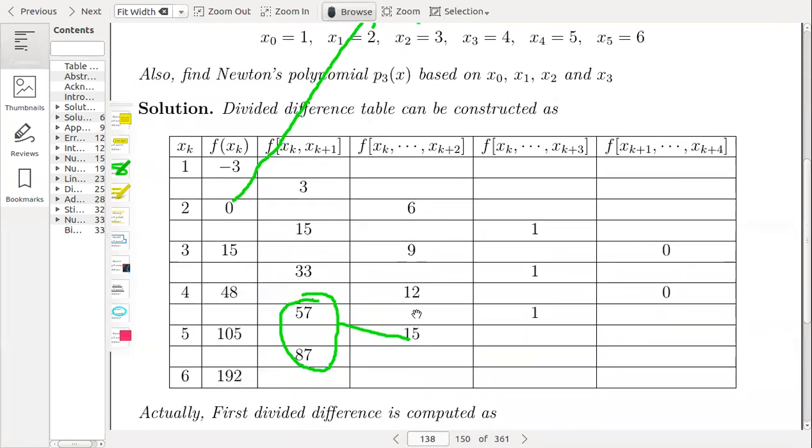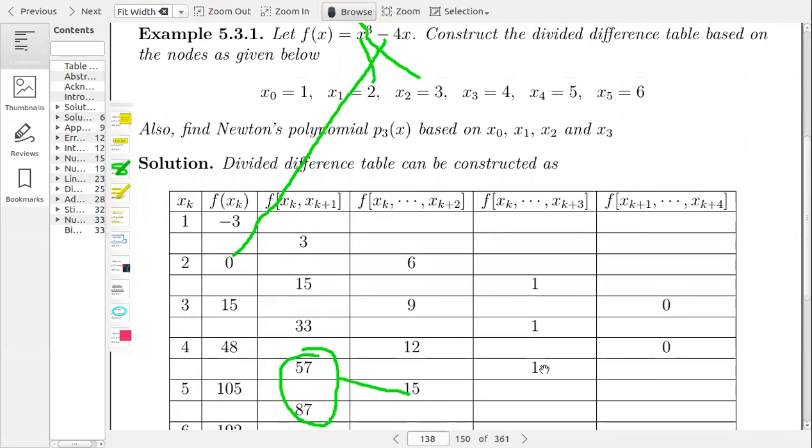So 15 minus 12, what is the value? 15 minus 12 is 3, divided by 3, we have 1. Then 12 minus 9 is 3, divided by 3, we have 1. 9 minus 6 is 3, divided by 3, we have 1. So the third divided difference is the same for all: 1, 1, 1.